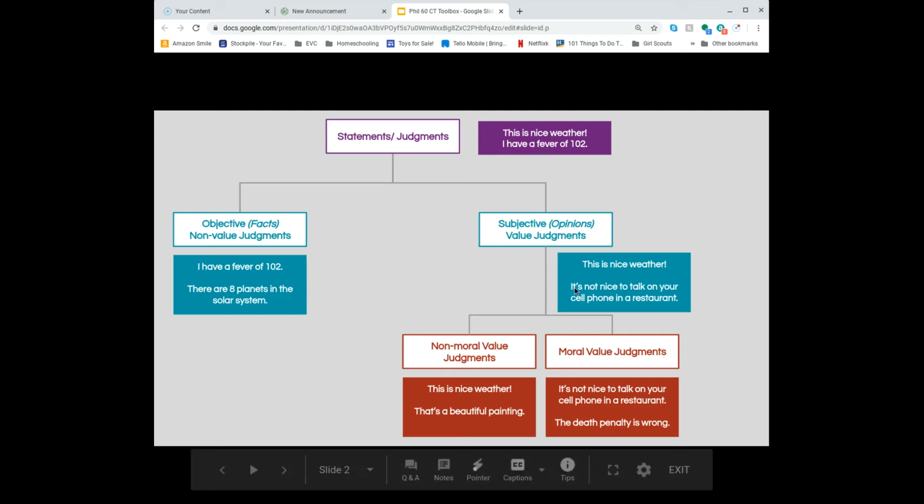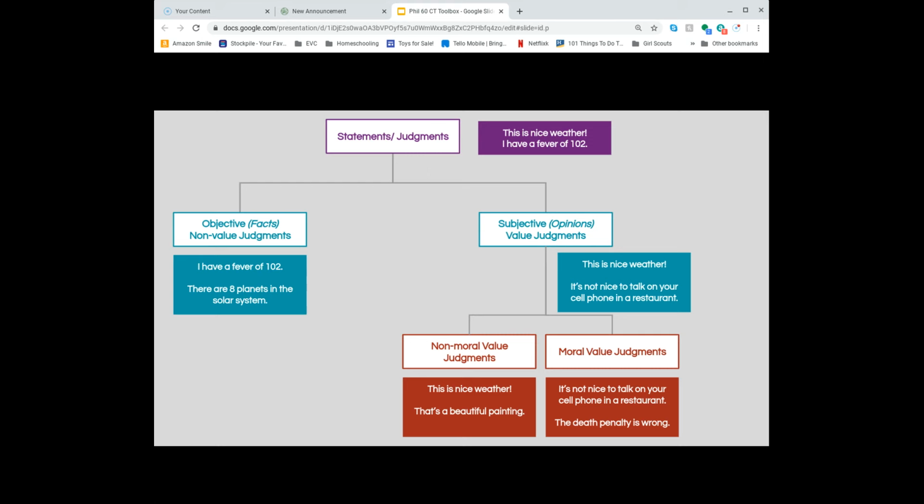So just to summarize, and we can go over this again in class if needed, judgments can be split up into either objective or subjective judgments. And then when you talk about subjective judgments, all of those typically have some sort of value associated with them. Sometimes those values are non-moral in nature.